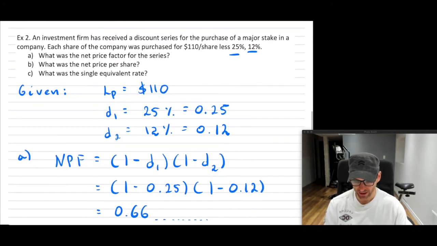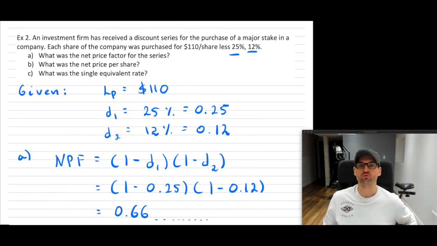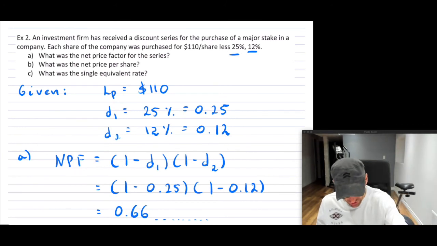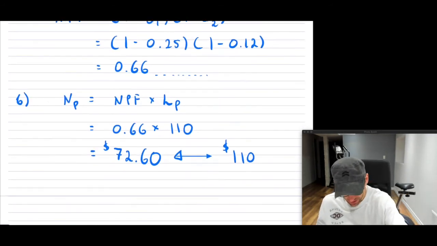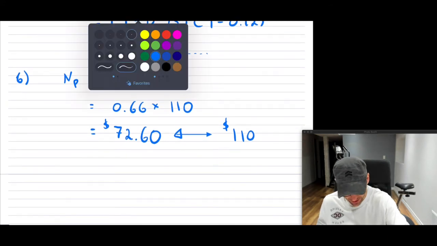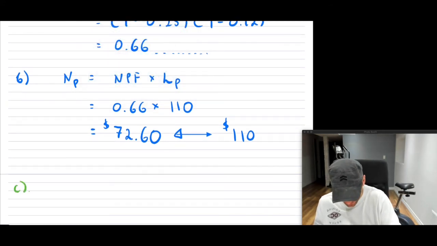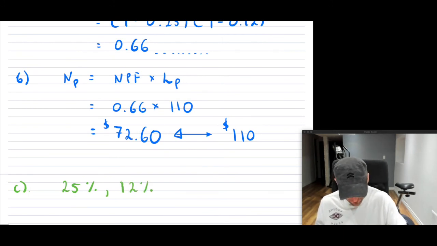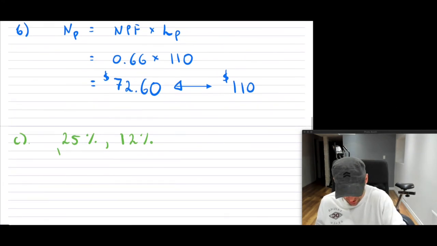Part C, what is the single equivalent rate? This is an interesting question. Because we have been given a discount series, what we like to do is, when calculating discount series, our discount series was 25%, 12%. That's our discount series.